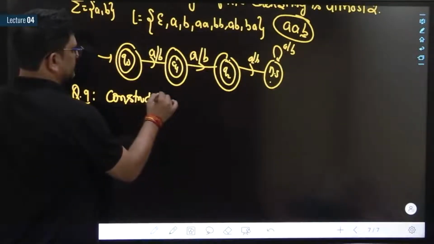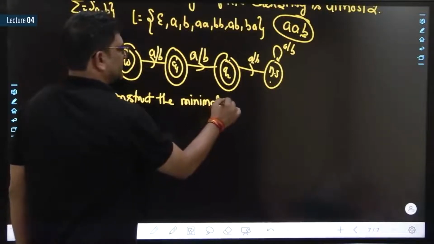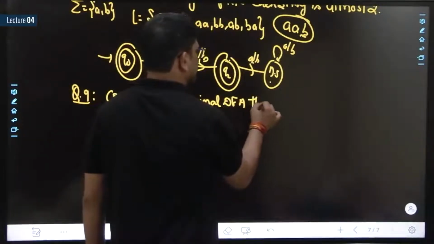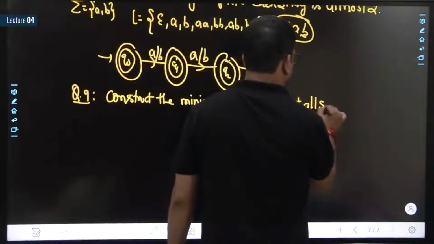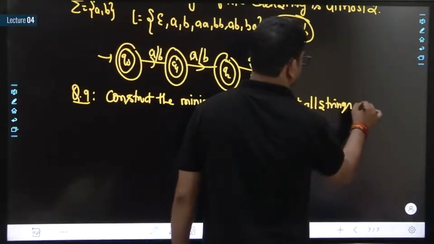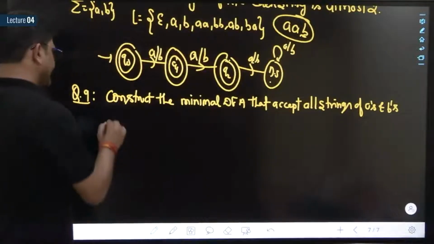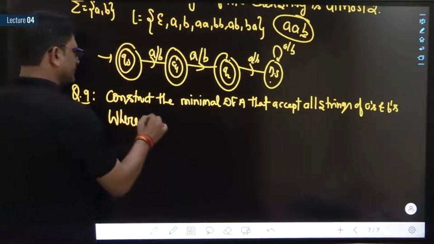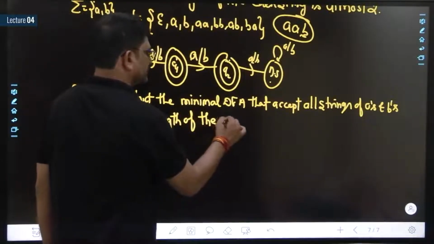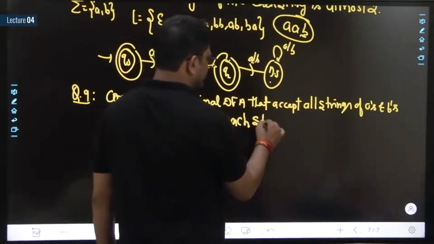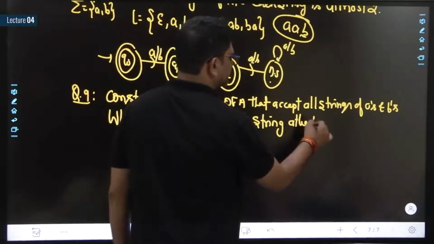Construct the minimal DFA that accepts all strings of A's and B's where the length of each string is at least 2.